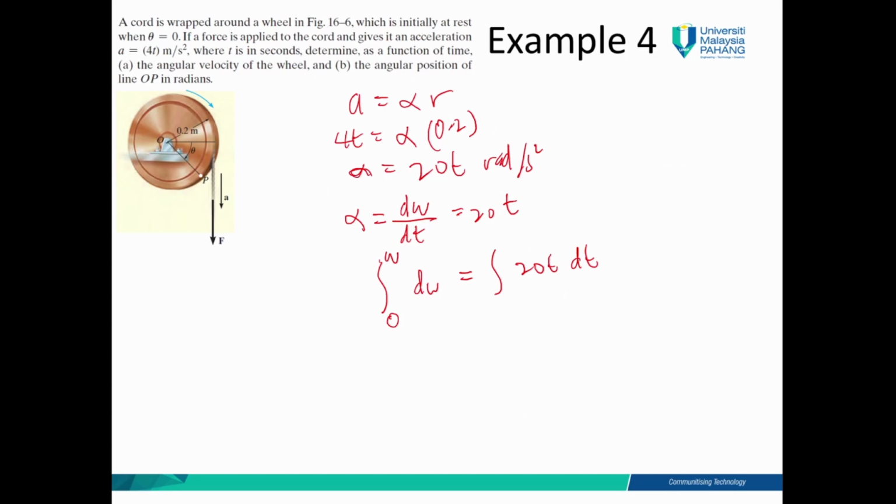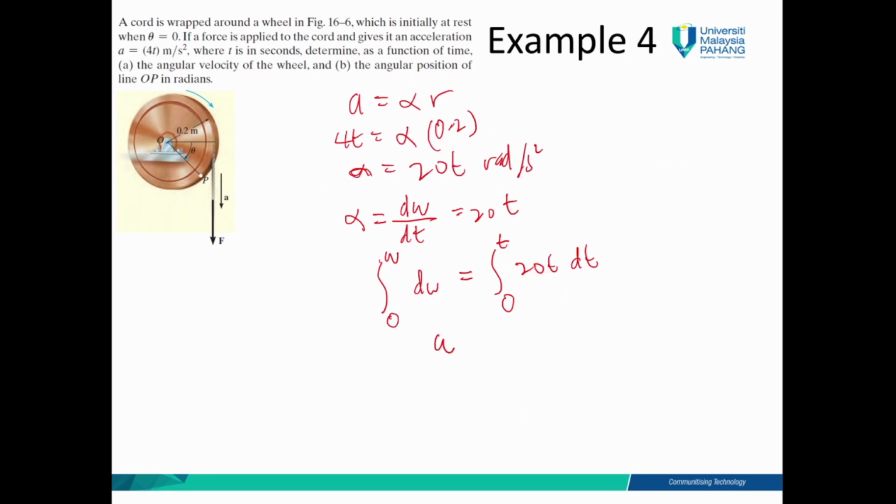Between rest, where time is equal to 0, until a certain time that we're interested in, where you will have your angular velocity. So if you do this integration, what do you get?